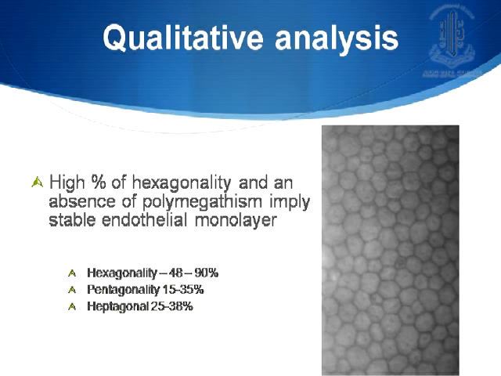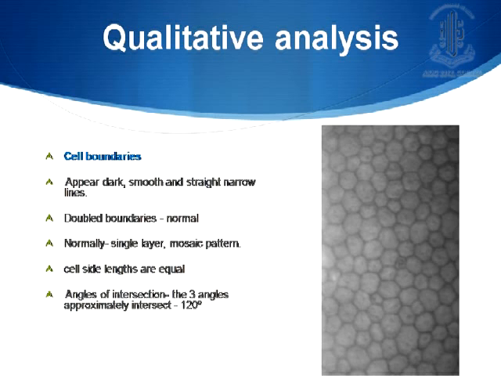If it is hexagonal, it reflects a normal endothelial cell, and when we get a picture of endothelial cells like this, we should have at least 50% and above cells which are hexagonal. That reflects a normally functioning endothelium, and there would be cells which are pentagonal and heptagonal as well. And the boundaries have to be dark, have to be smooth. So that is one more thing that you look at apart from the hexagonality.